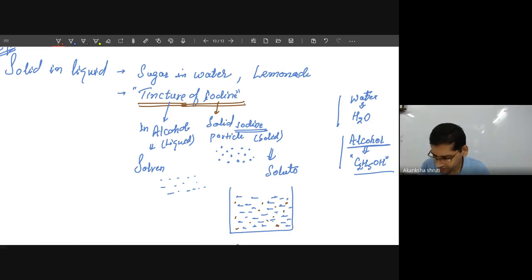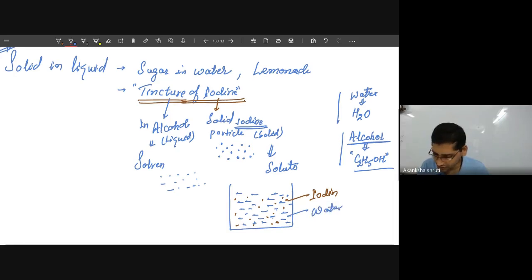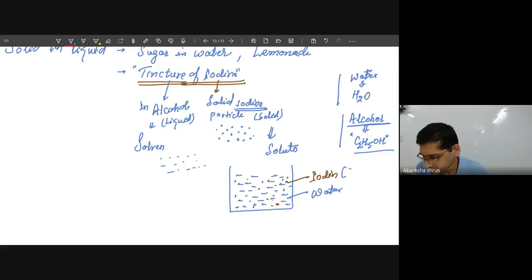So this is called tincture of iodine. These are your iodine and this is our water. So this is your solute and this is your solvent, and this mixture is called your solution. Okay, student.